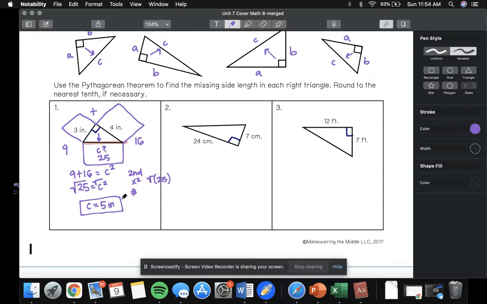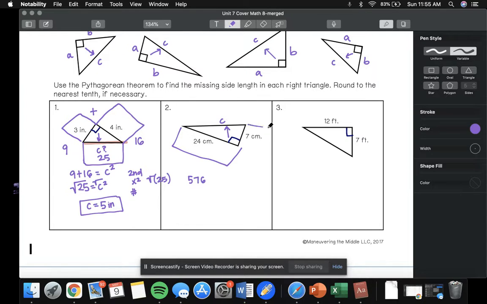All right, for number 2, again, I always ask myself, what are we trying to find? A leg, an A, a B, or a C? So it looks like I am missing a C value. So I'm going to square my legs. I'm going to do 24 times 24, or 24 squared, and I get 576.